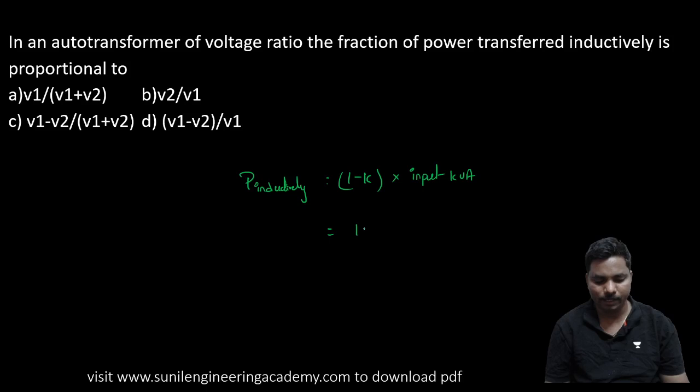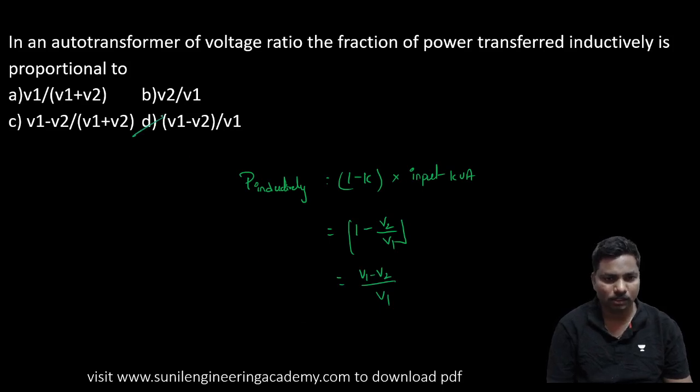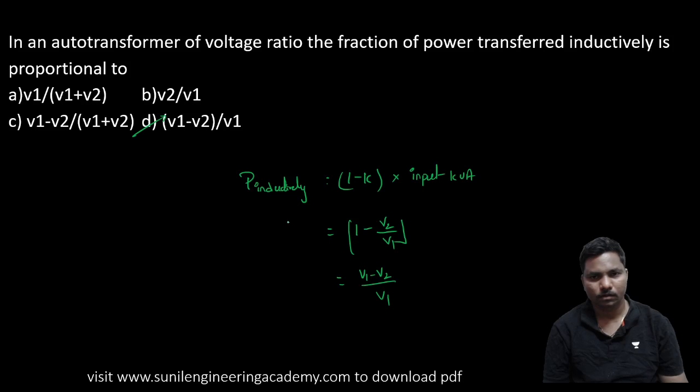K is nothing but LV by HV. Here K is considered as V2 by V1, then 1 minus K is V1 minus V2 by V1. So the answer is option D, V1 minus V2 by V1.